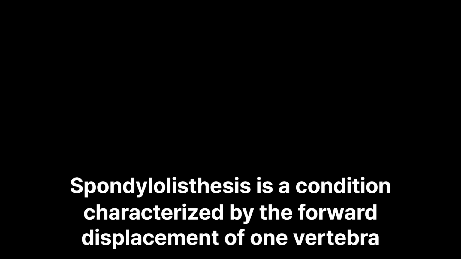Spondylolisthesis is a condition characterized by the forward displacement of one vertebra over the one below it. This condition can result from congenital defects, degenerative changes, trauma, or pathological processes. The most common types of spondylolisthesis are degenerative and ischemic.